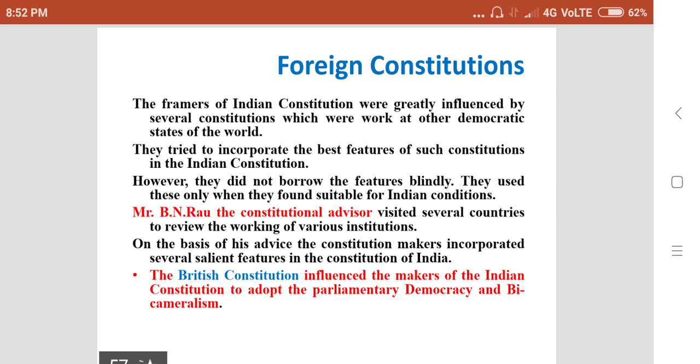The framers of the Indian Constitution were greatly influenced by several constitutions which were working in other democratic states of the world.